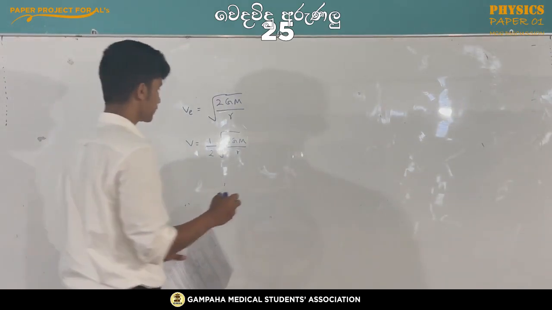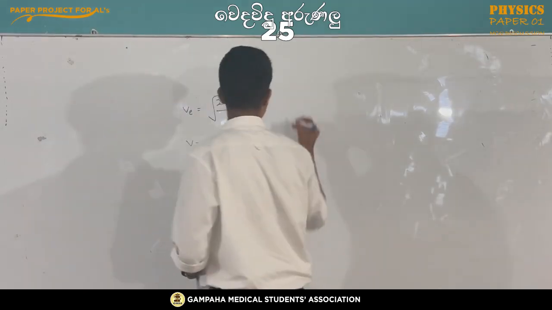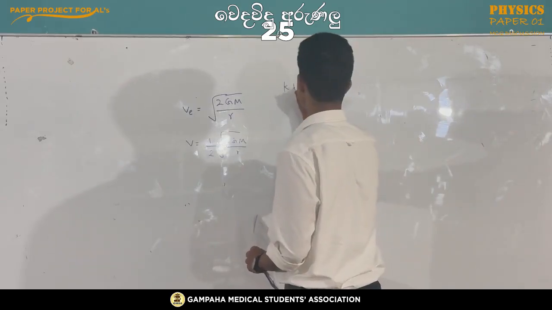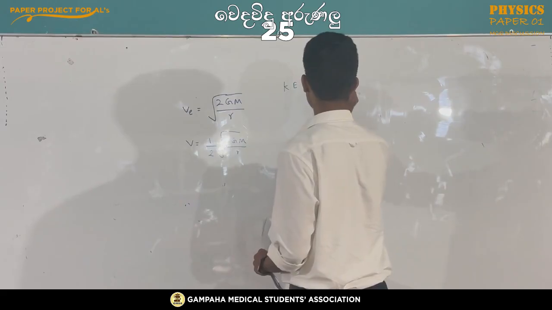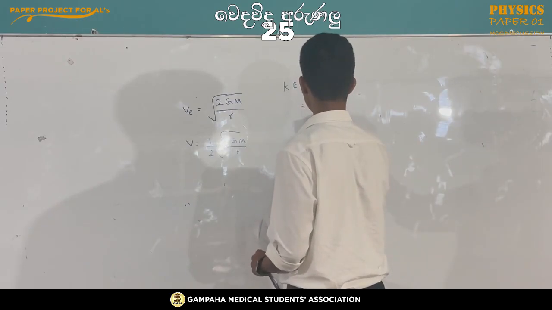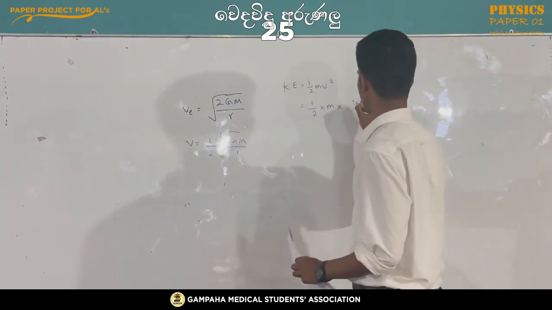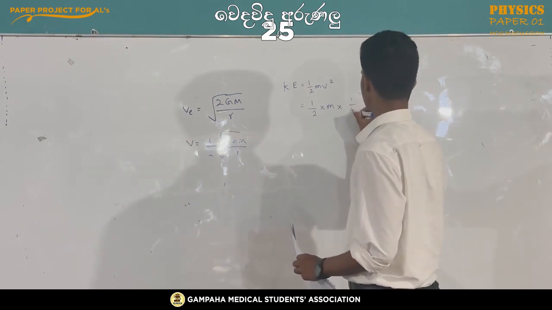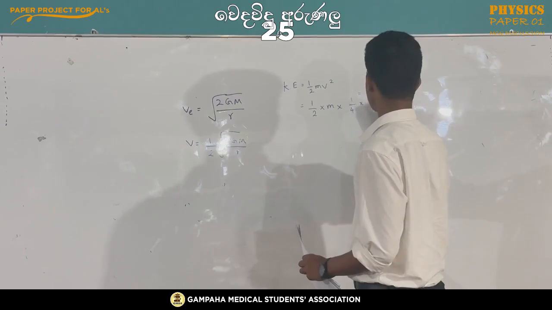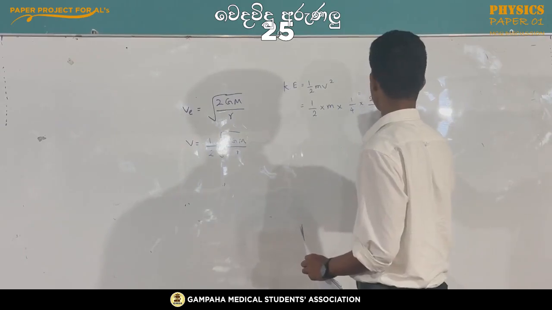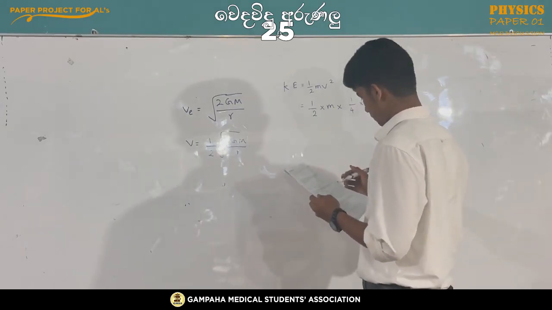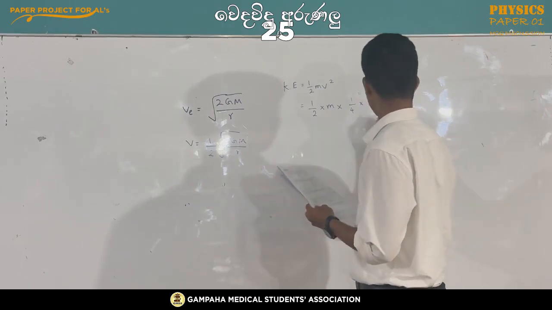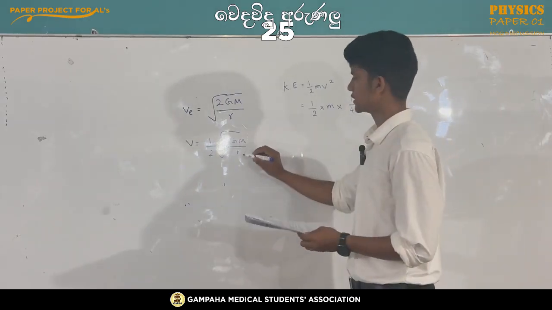Then the kinetic energy of this object is... Here I'll take the radius as capital R.